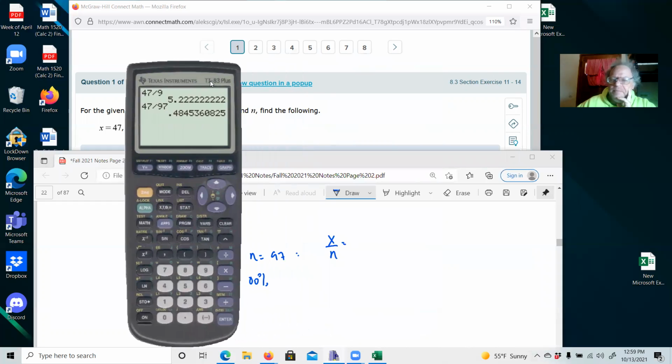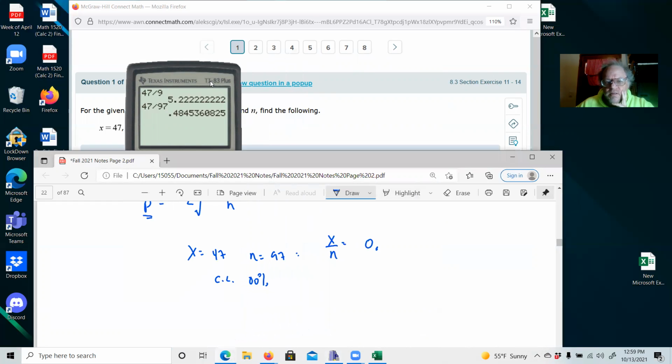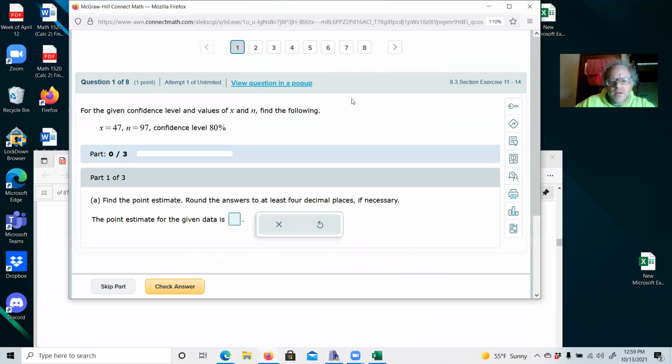And again, these are really sensitive to round off. We'll use whatever number of decimals that the book wants us to use for that problem. Okay, it goes on, but that's what we're going to use for right now. All right. Find the point estimate.